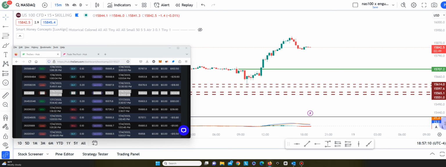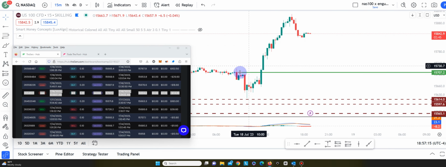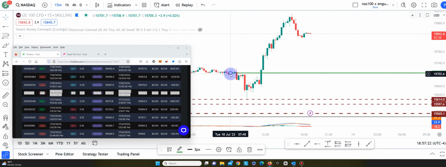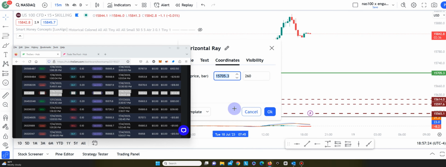Or is that 7? No, that's actually 759. That's why I'm looking at it so funny. So 745 candle, sorry about that. So this is the 745. And we entered here at 15707.2.